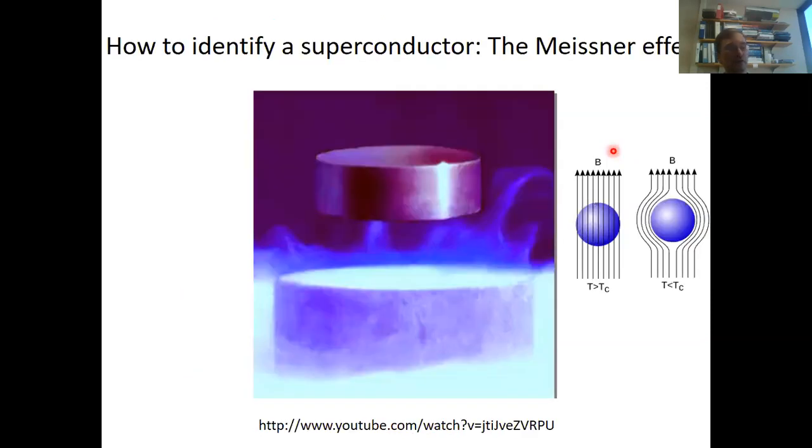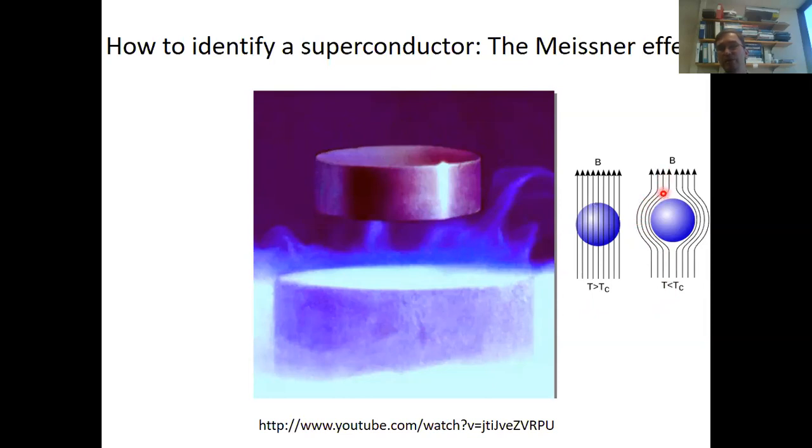Okay, so how can you test for superconductivity? You can do this using an effect called the Meissner effect. You do not actually have to measure conductivity. There are much simpler methods to probe for superconductivity, because a superconductor has the property of being an ideally diamagnetic material. An ideal diamagnet repels magnetic field lines.